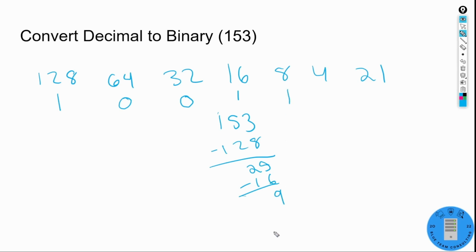Yes, it does. Allocate the bit, subtract 8. We have 1 left over. Does 4 fit into 1? No, it does not. Does 2? No. Does 1? Yes. So we minus 1, and we are squared up. So 153 in decimal becomes 1, 0, 0, 1, 1, 0, 0, 1 in binary notation.